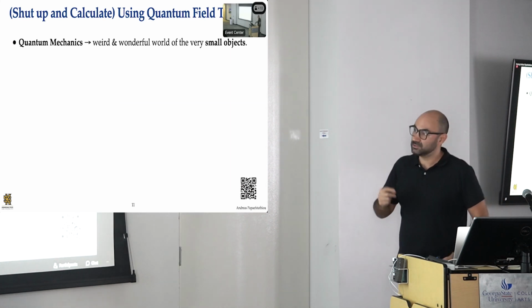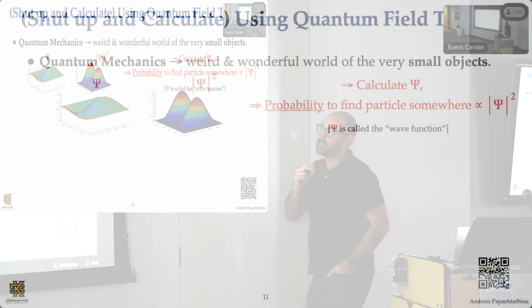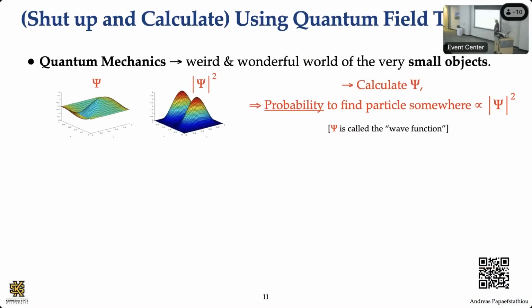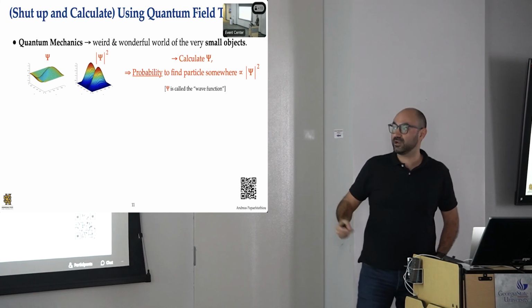Particles and so on. If you're familiar with quantum mechanics, basically the object that we calculate is called a wave function, denoted by this capital psi. So we calculate the wave function, and then we take the norm square of the wave function, and that is the probability to find the particle somewhere.